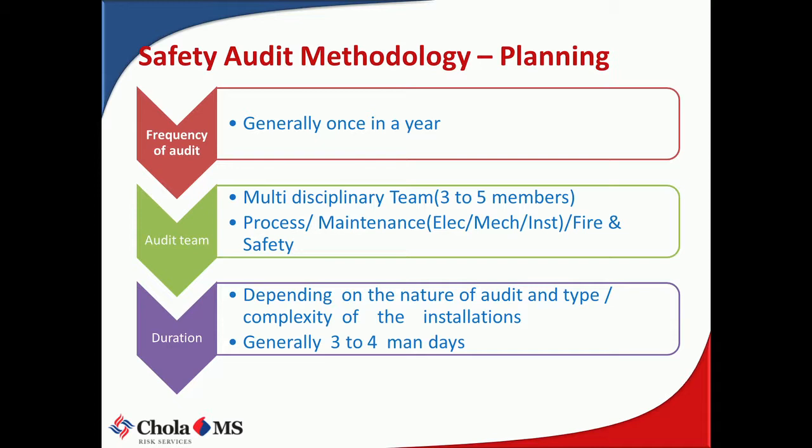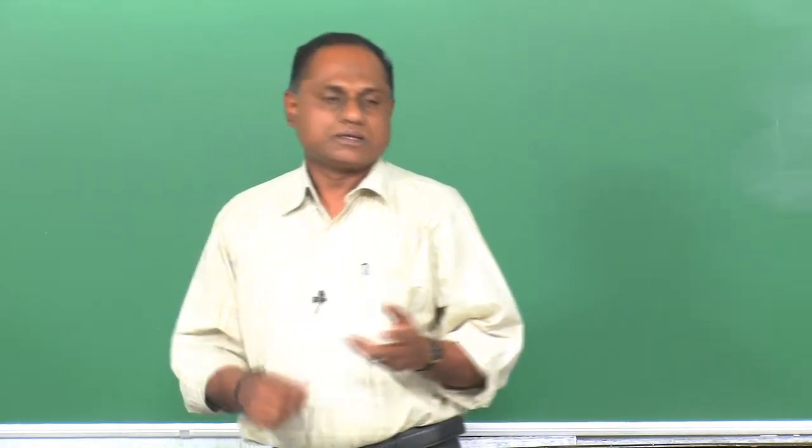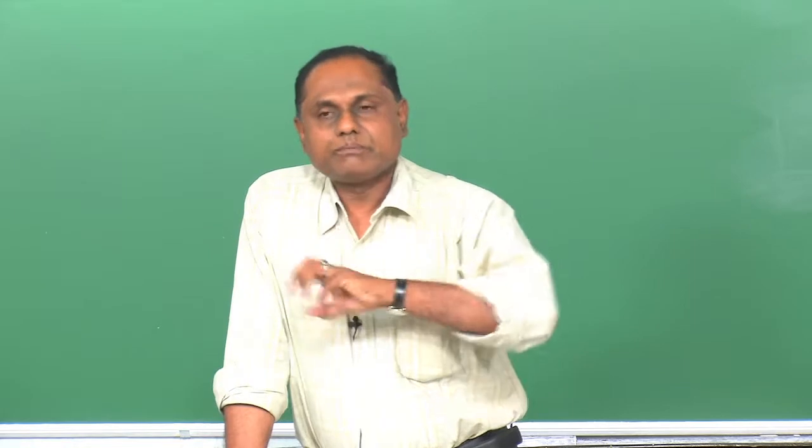We need to look into different aspects, such as fire, chemical engineering, and electrical. So we need a multidisciplinary team, a combination of electrical and instrumentation people, a fire expert, and a maintenance expert.